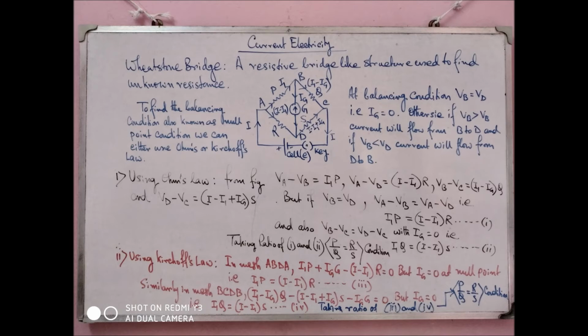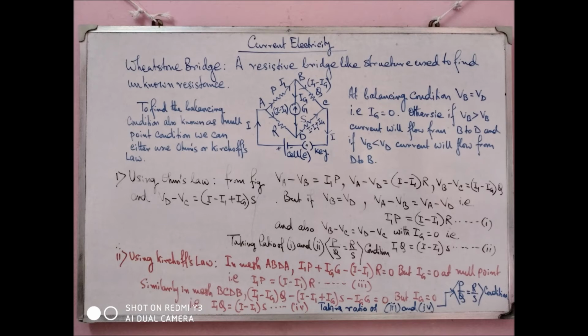So let us find. Now VA minus VB is very easy, I1 into P. VA minus VD is also easy, I minus I1 into R. Then come to VB minus VC.